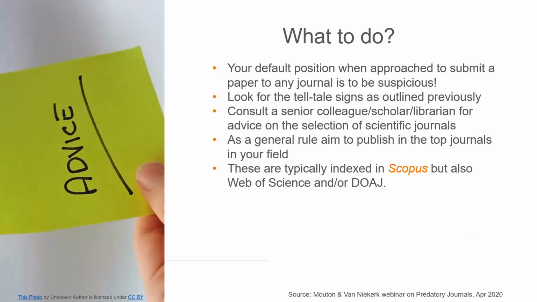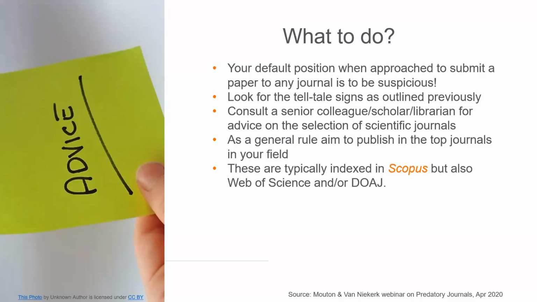Okay. So practically, what can researchers do to avoid it? The default position, first of all, when approached to submit a paper to any journal, is to be suspicious, because this is very unlikely to happen from a legitimate journal, right?